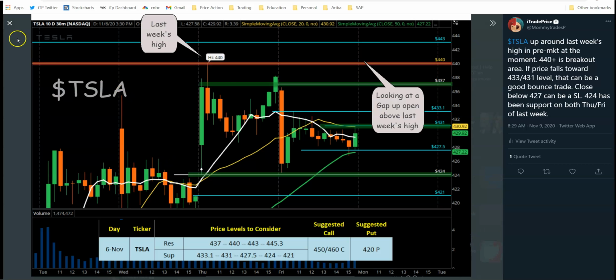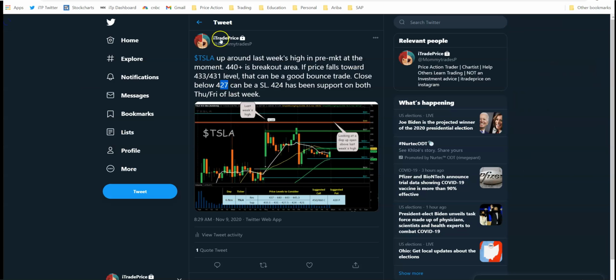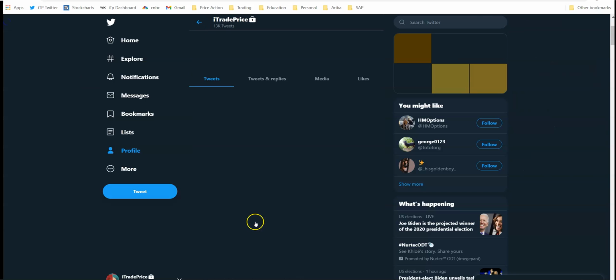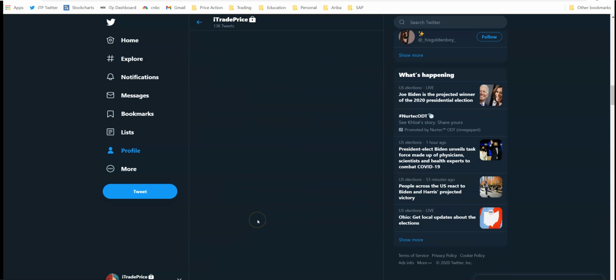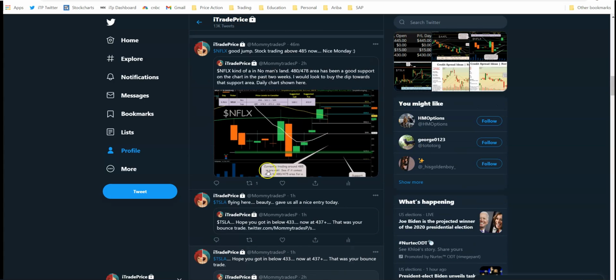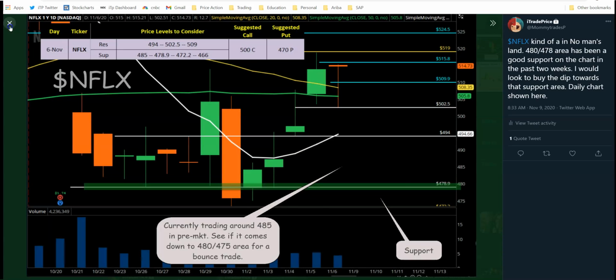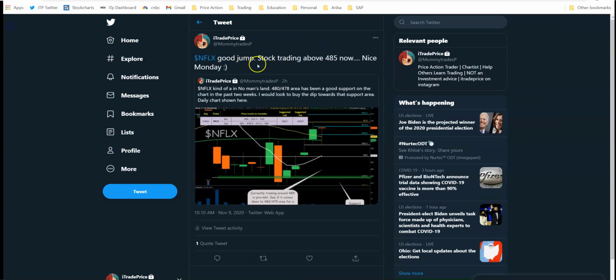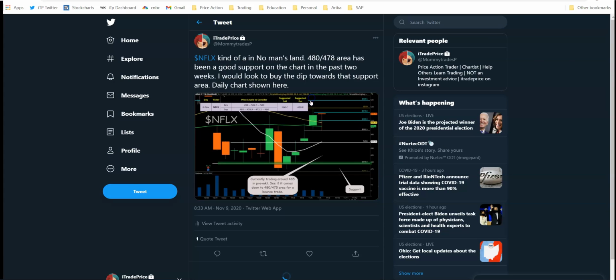Now let's look at the next one that was shared. I believe it was Netflix that gave us a nice entry. The Netflix note was: good jump, stock trading above 485, nice Monday. In the no man's land, 480 to 478 has been a good support.